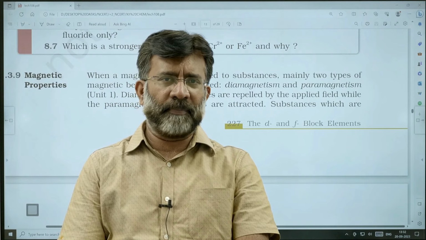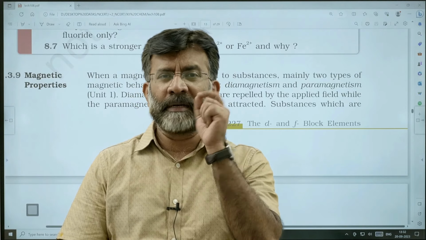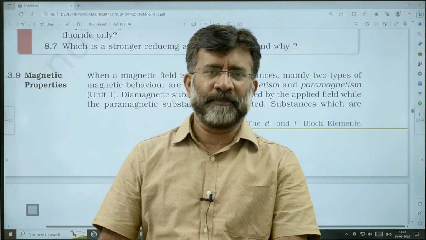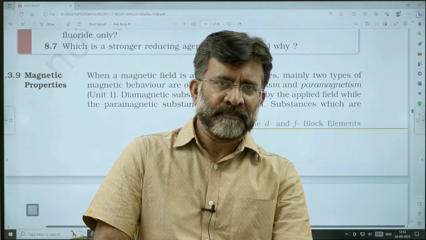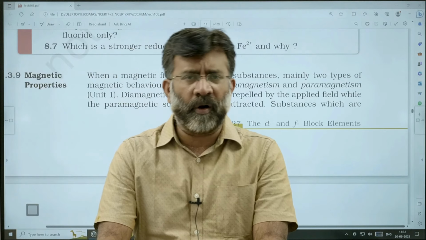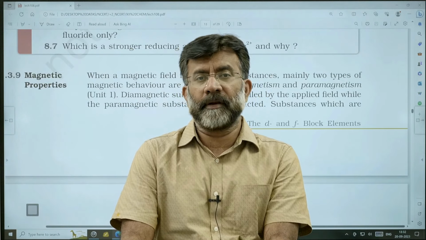What is the property para and dia? Dia means a weak force of repulsion in the magnetic field. What is para? A weak force of attraction in the magnetic field. Right? So many transition metals, or almost all transition metals, have unpaired electrons.